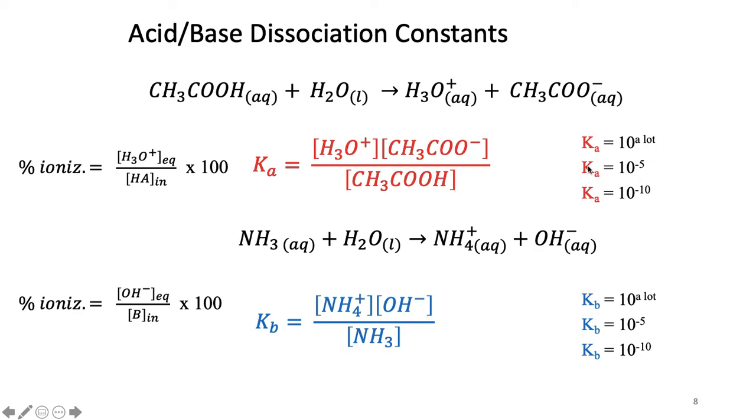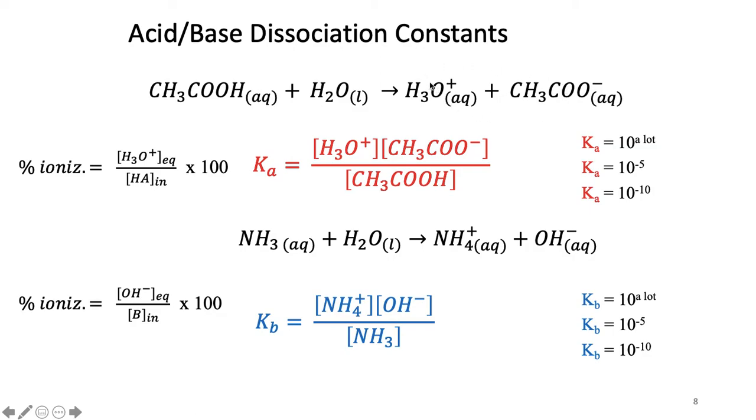If you have a large Ka, that means the top number is much, much larger than the bottom number, which means you have a lot more product than you have reactant. These are for very strong acids. You have very, very large Ka values, which means they completely ionize, they completely dissociate into these ions.